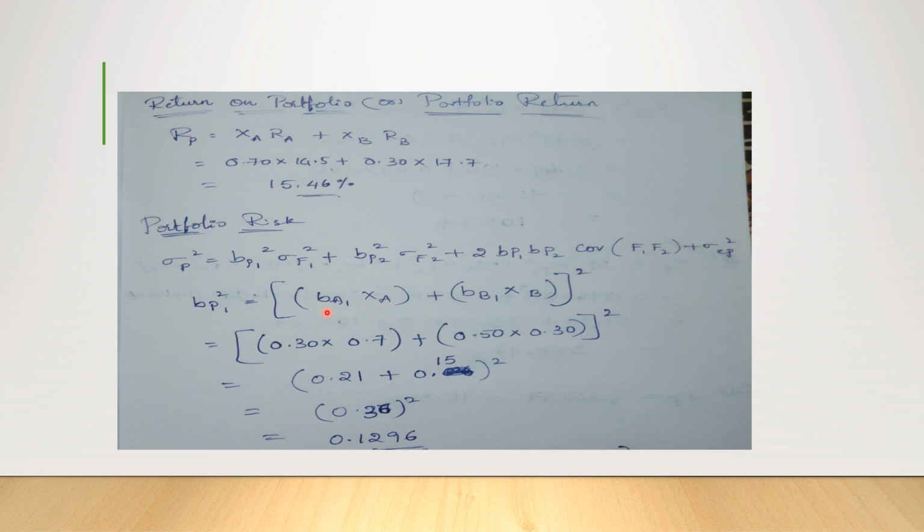This is the sensitivity for security A and the portion invested, XA. By doing these calculations, you get 0.1296 for the first one, that is BP1 square.